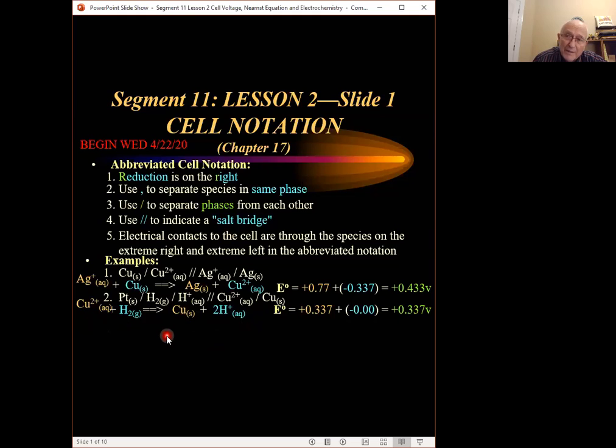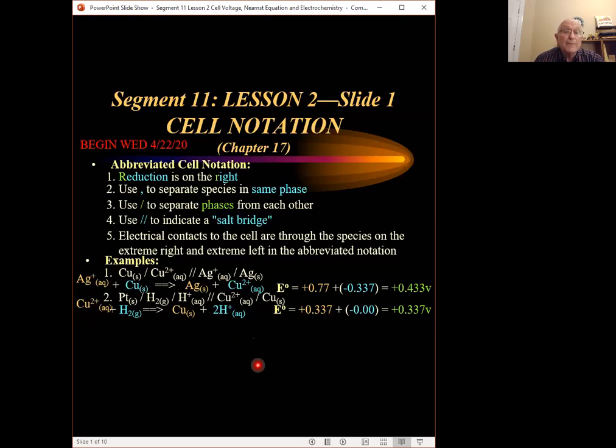Nature doesn't know that. All it knows is the reaction is going to take place in one of those two directions. And whichever one is spontaneous will actually happen.